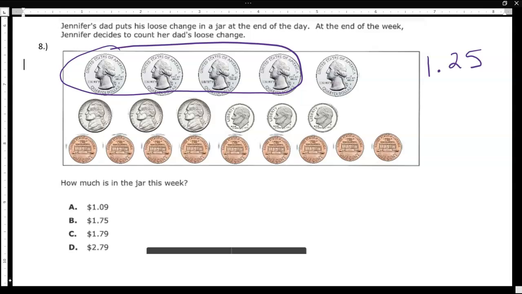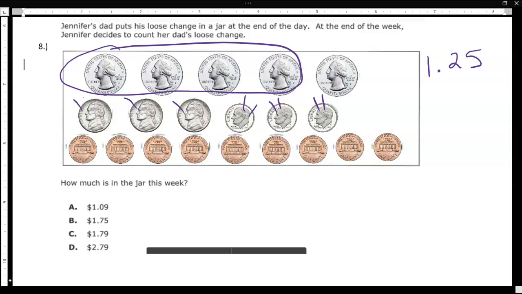Next row. I know these are 5 and I know these are 10, yes? So I'm going to use my eyelashes. 5, 5, 5, 5, 10, 5, 10, 5, 10. Remember, each eyelash is worth how much? 5.